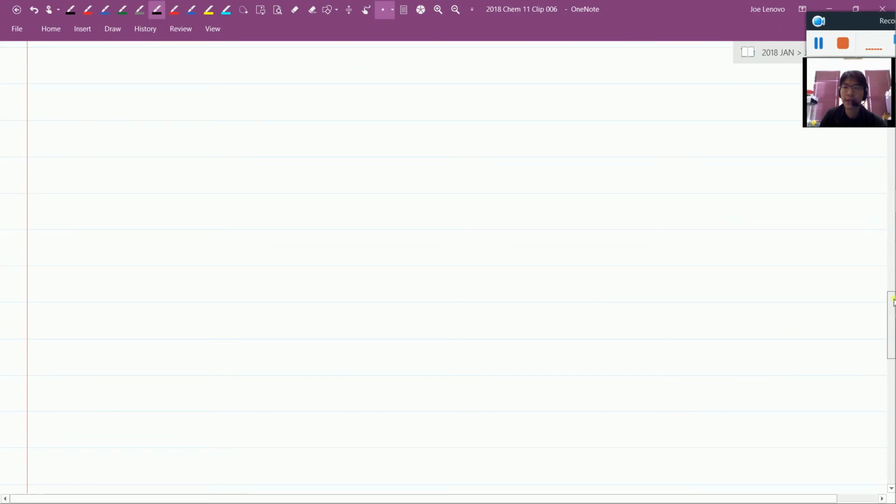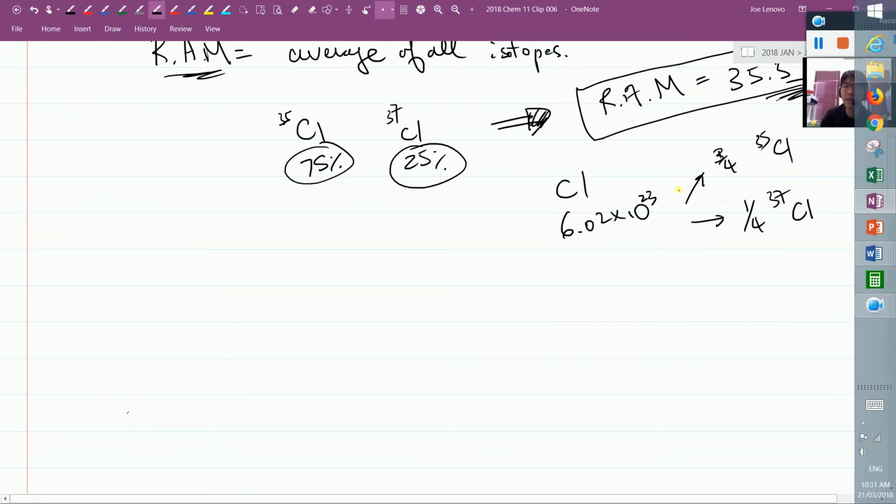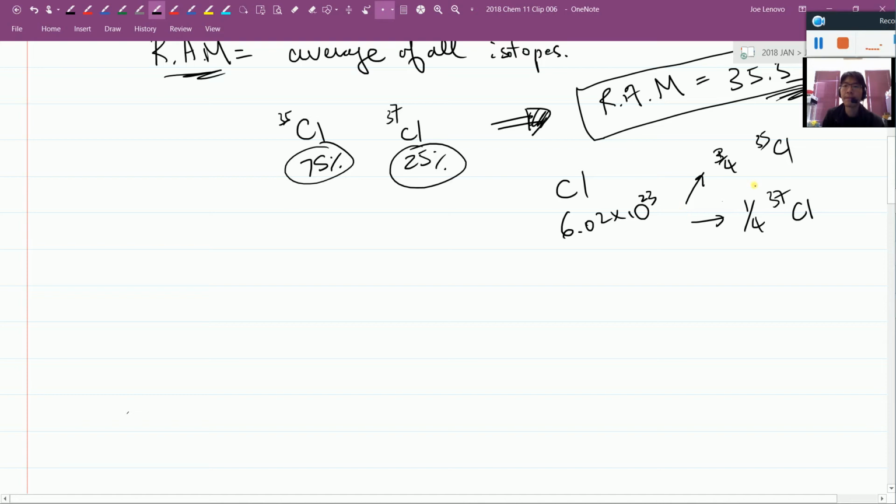So for a simple calculation, if we have one Avogadro's number of Cl-35, it would be 35 grams times 75%.